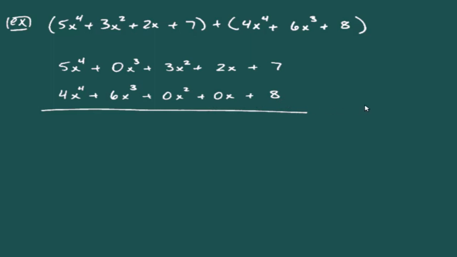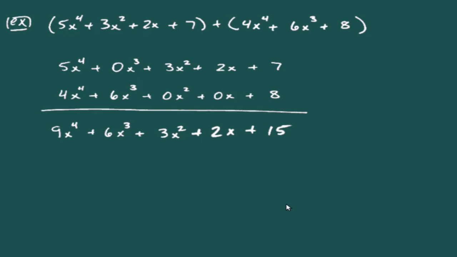And so if we add those together, 5x to the fourth plus 4x to the fourth gives us 9x to the fourth. 0 plus 6 gives us a plus 6x to the third power. 3 plus 0 gives us a plus 3x squared. Plus 2 plus 0 gives us 2x. Plus 7 plus 8 gives us 15. And so for our final answer, we've got 9x to the fourth plus 6x cubed plus 3x squared plus 2x plus 15.